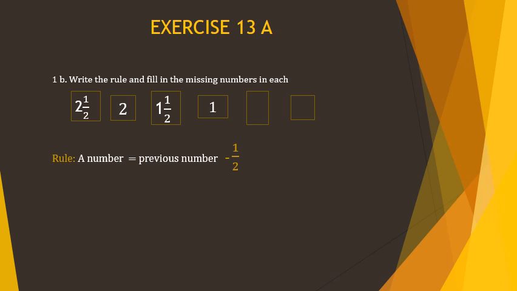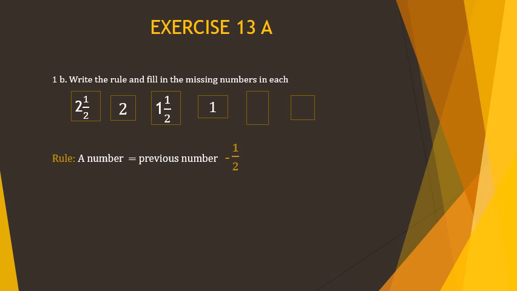Yes, you can see that the values of the numbers in this pattern are decreasing, isn't it? That is why we get the next number by subtracting half, or 1 by 2, from the previous number.